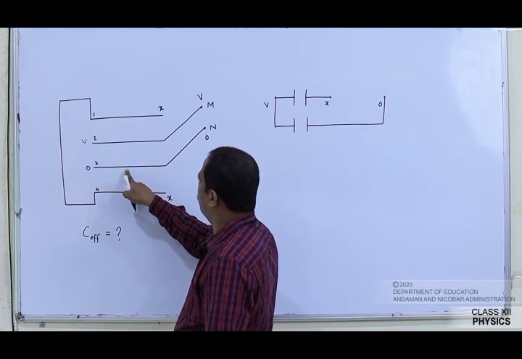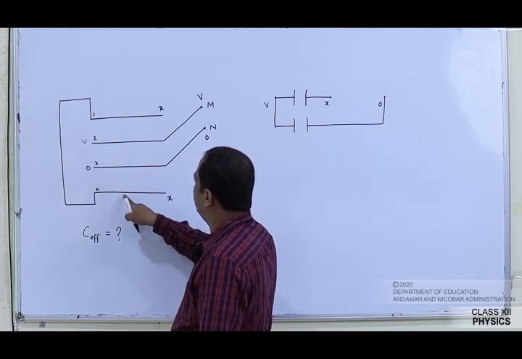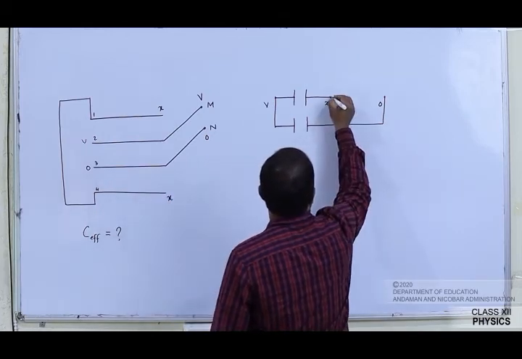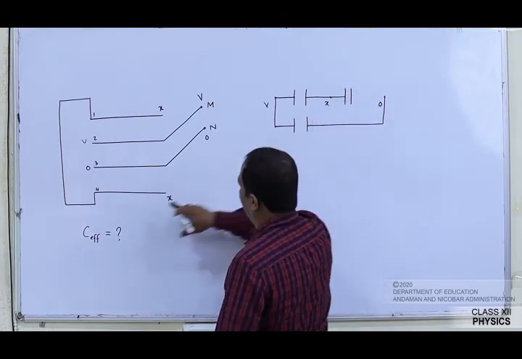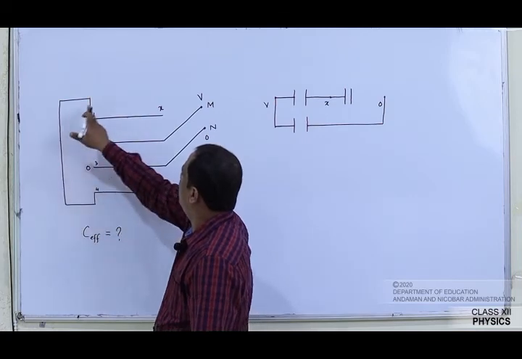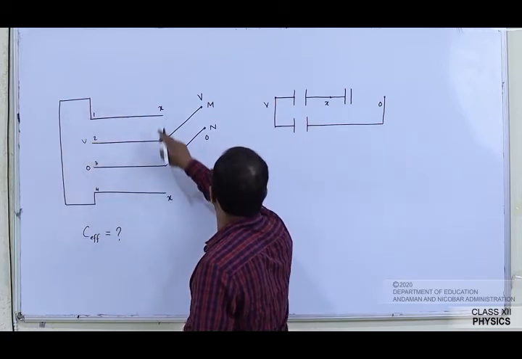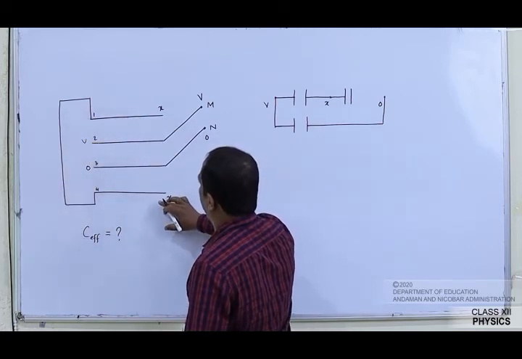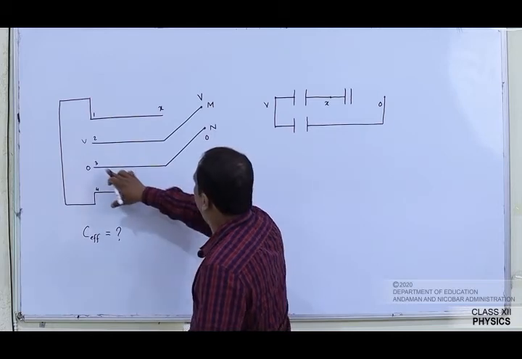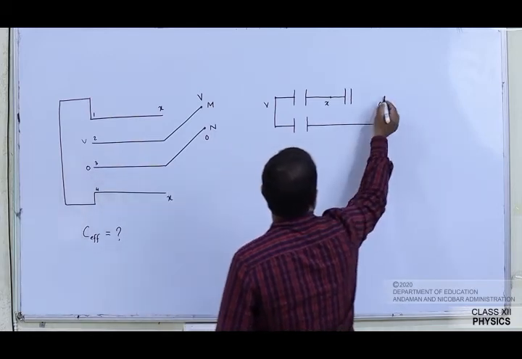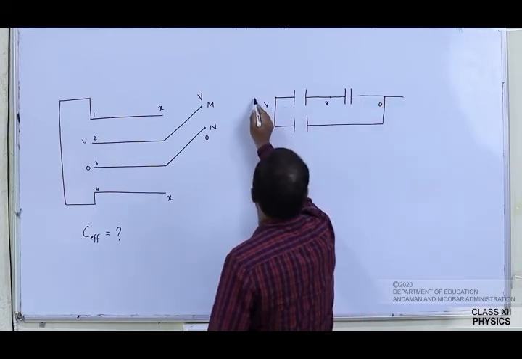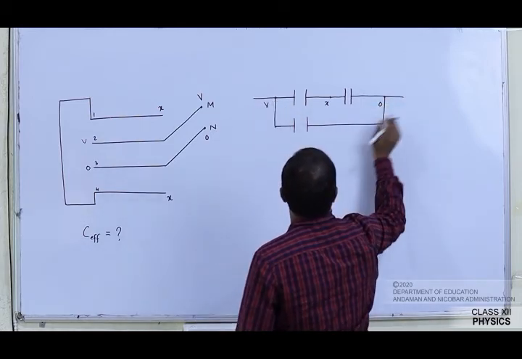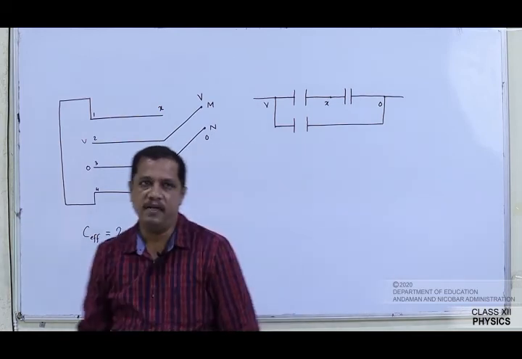And the fourth plate is connected to X, and the third plate is connected to 0. So therefore, this is our combination.